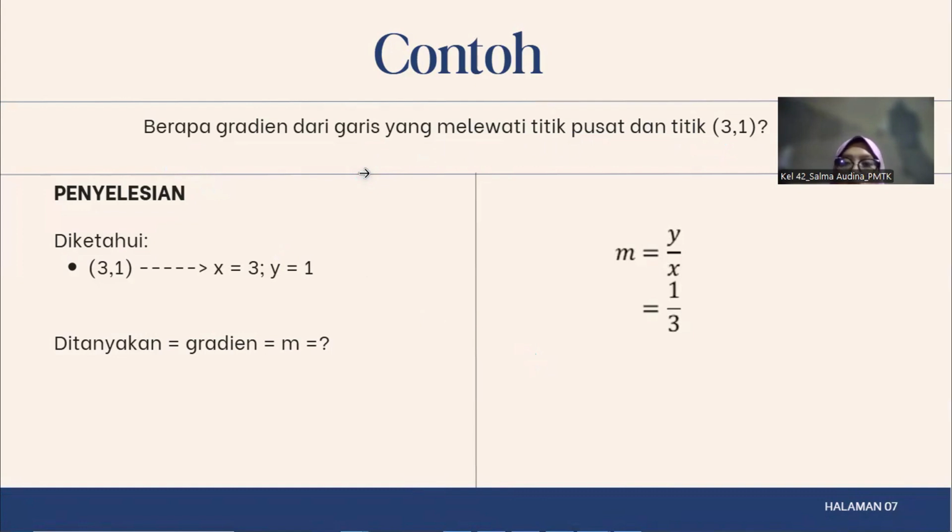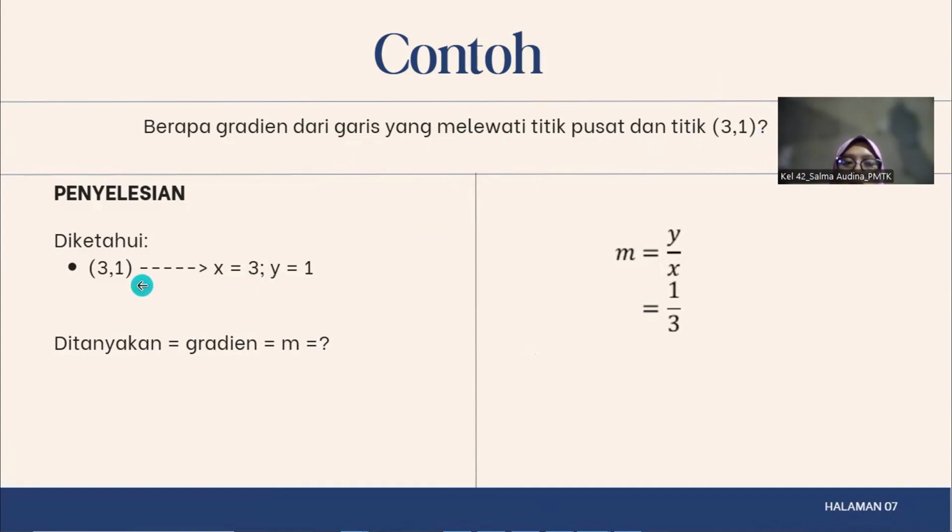But first, we must identify the values of x and y. In this question, we know that the line passes through point 3, 1.